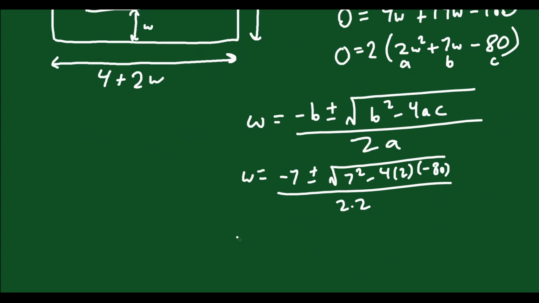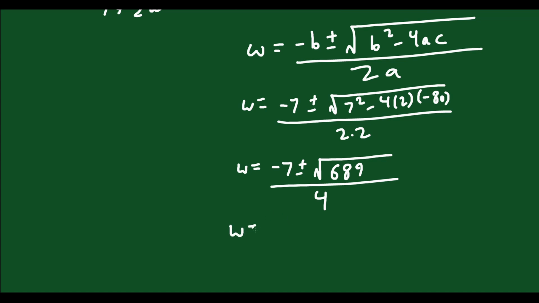Okay, so W equals, what do we have? -7 plus or minus the square root. 7 squared is 49. -4 times 2 is -8. -8 times -80 should be positive 640. So 640 plus 49, that's going to be 689. And this is all over 4.